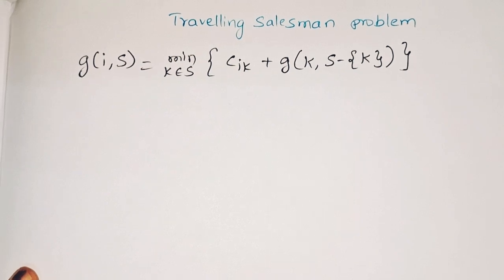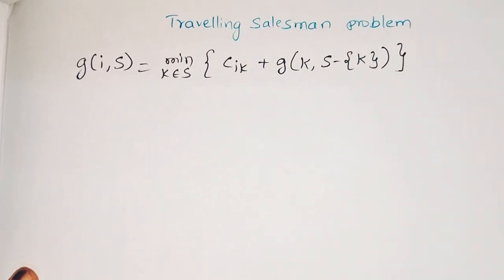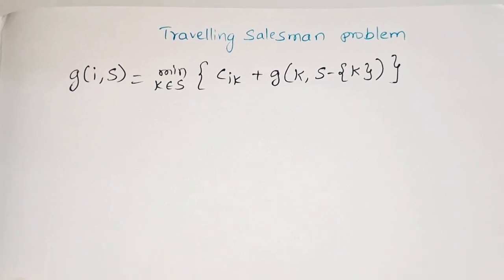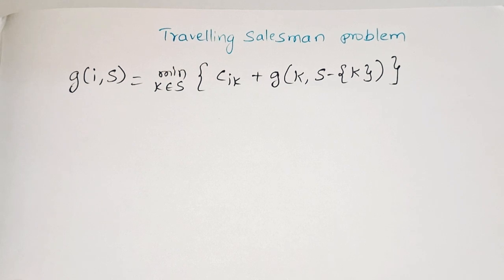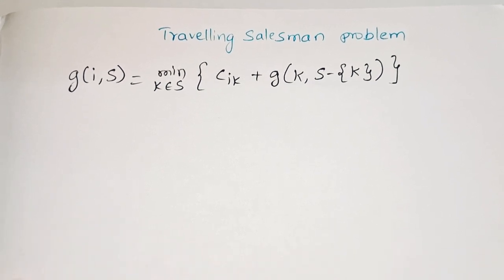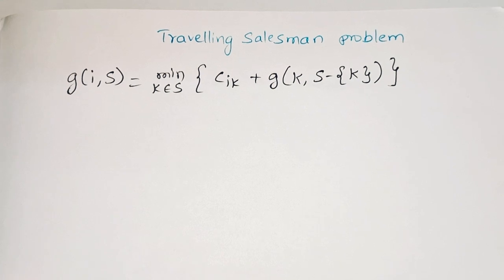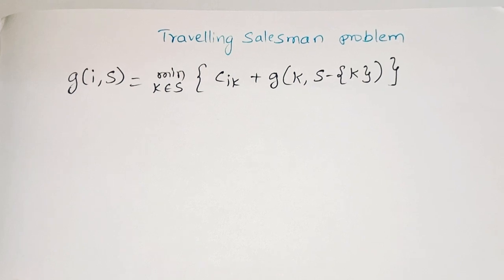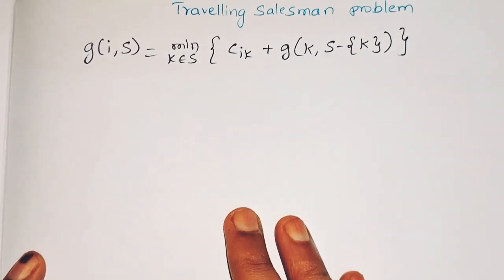So here, we are going to start from a particular city, visit nearby cities, and then reach the starting source again. We have to start from the source, visit all the cities nearby, and revisit the source after reaching the neighboring cities. So this is the problem in the traveling salesman problem.